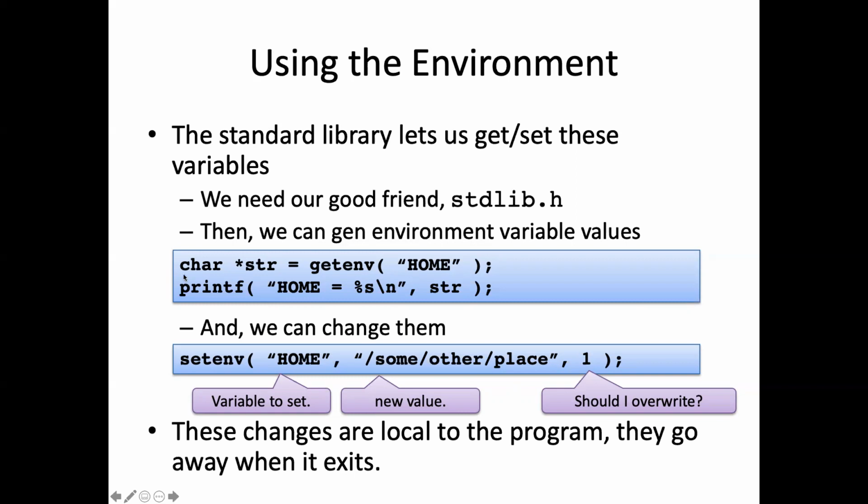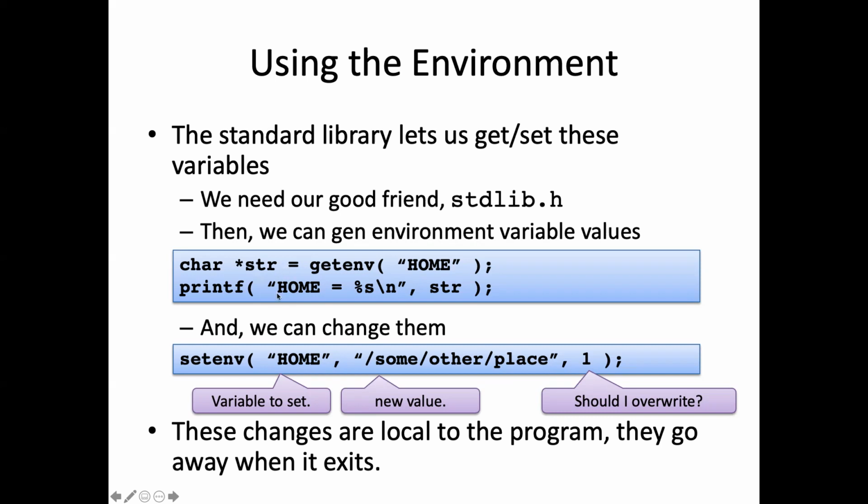When you get that string back, you're getting a pointer to statically allocated storage. So you're not supposed to free it. It's not malloc memory that's given to you. It's memory that's part of the environment, and you're just getting a chance to see one of the strings. So the string you get back here, you don't want to free that. You don't need to, but you can use it like any other string. Here I'm just printing it out.